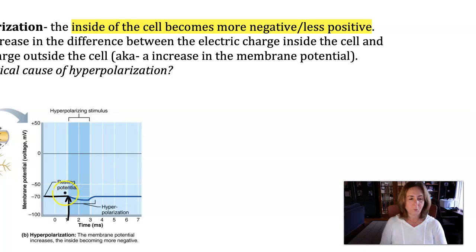It's becoming more negative. So we know at rest, the polarized membrane, there's a 70 millivolt difference. Now, what's happening is the inside of the membrane is even more negative. And because it's more negative, we'd say that's hyperpolarized. The difference is even bigger.